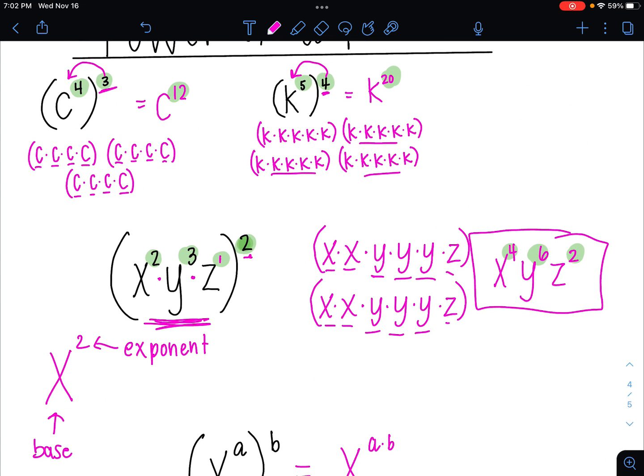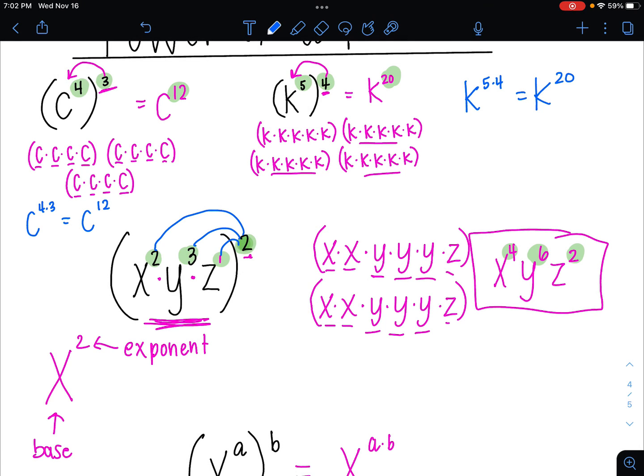So if we look back up here, we can see that c to the power of 4 times 3, well, 4 times 3 is 12, which is what we got. Same thing over here, k to the power of 5 times 4, which 5 times 4 is 20, which we got. And then the same thing here, except we have to make sure to multiply each of those individually.